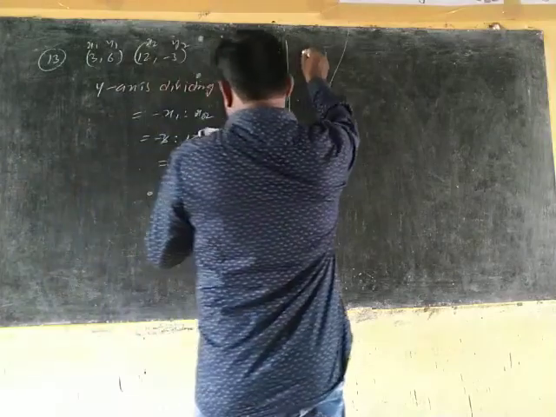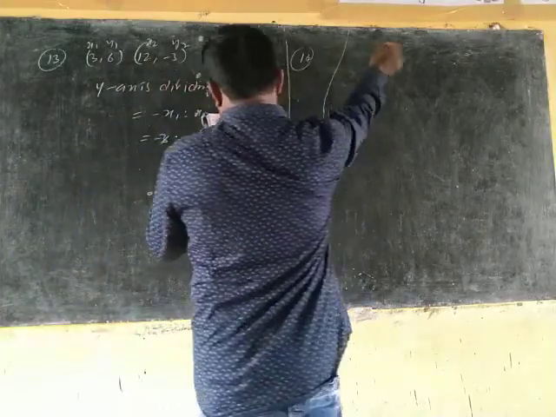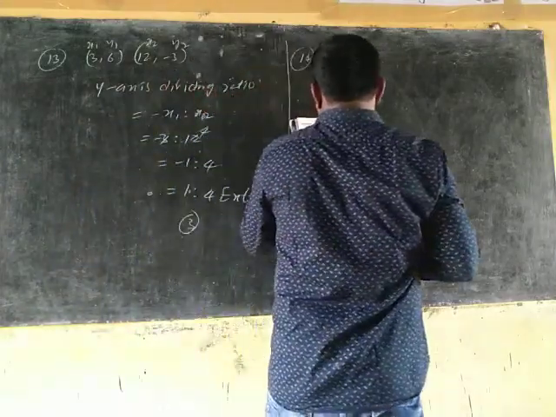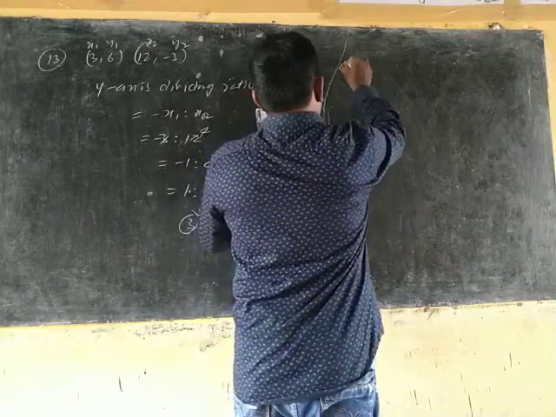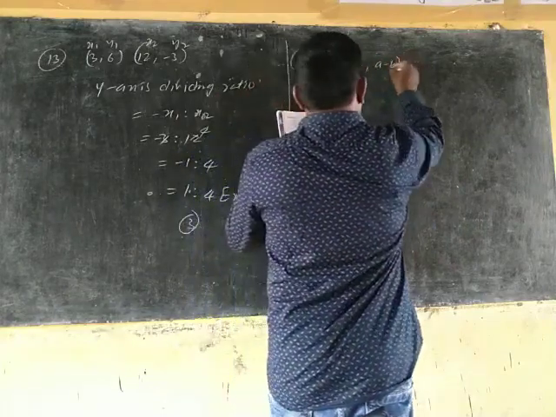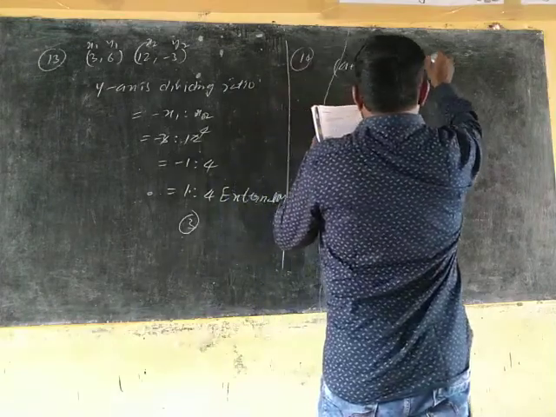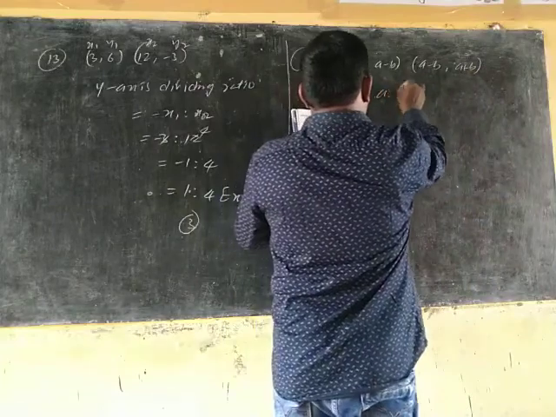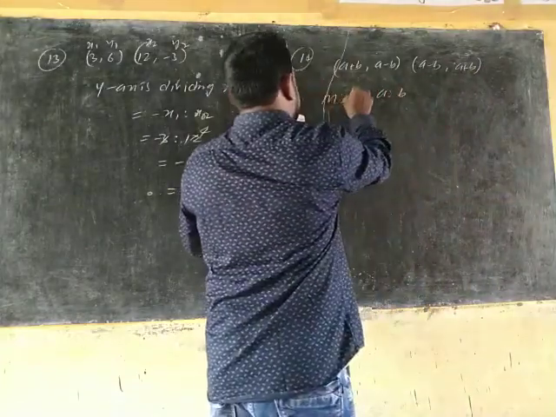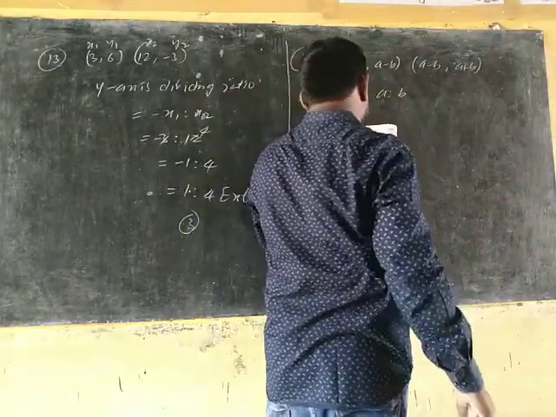Next, the 14th question. The coordinates of the point which divides the line segment joining a plus b comma a minus b and a minus b comma a plus b in the ratio a is to b. That means here m is to n is equal to a is to b.